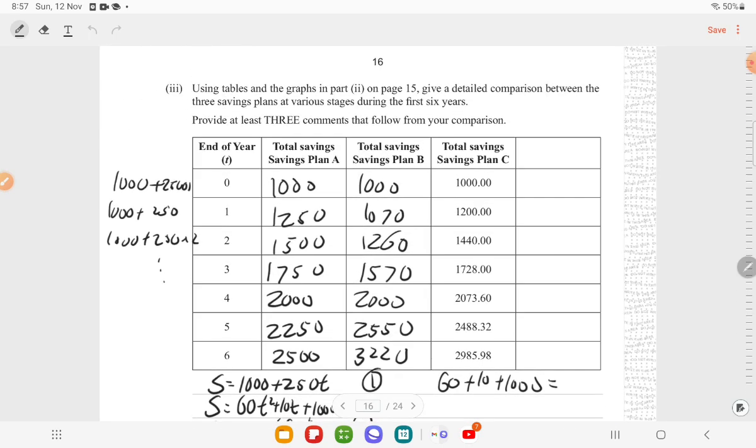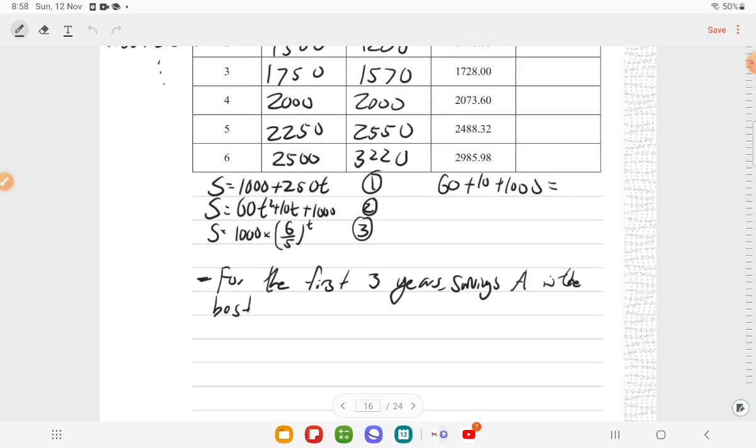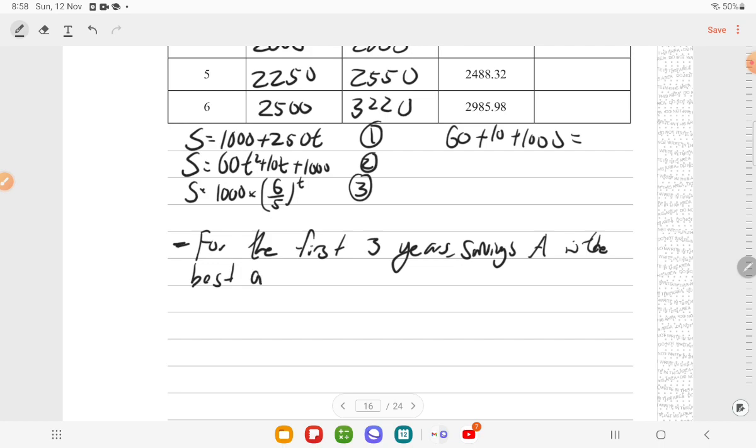Provide at least 3 comments that follow. For the first 3 years, savings A is the best, and gives, and I don't know, saves the most money out of the 3 savings.